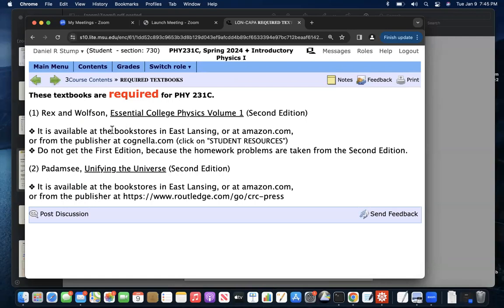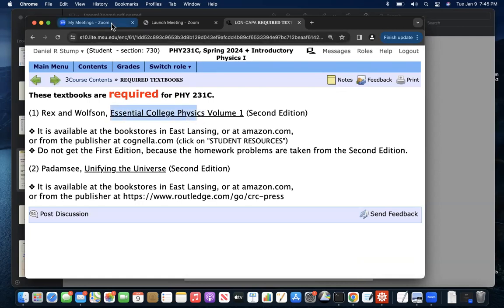Okay, so is that one of the textbooks that we need out of the 2? Yes. How do we know which to use? When in doubt, use Essential College Physics. It'll say if you use the other textbook. If it doesn't say to use the other textbook, then you use this textbook. Perfect, thank you.